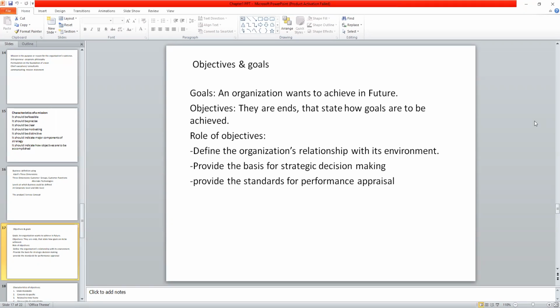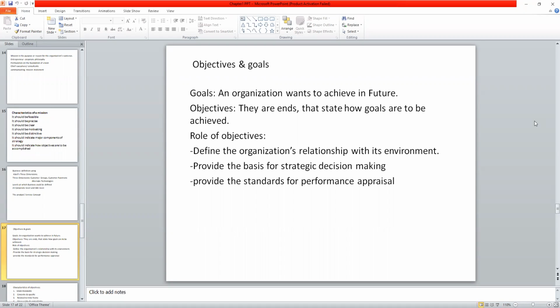So here, to be more precise, when we put the mission statements at one level, a bit lower comes the role of the goals, where exactly these mission statements are to be transformed into actuality.